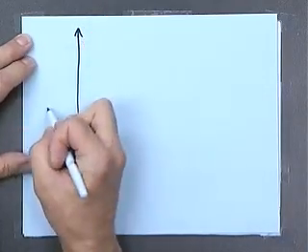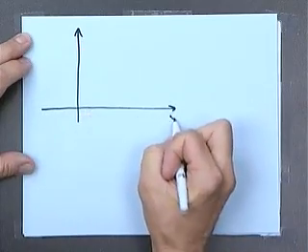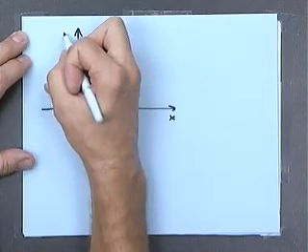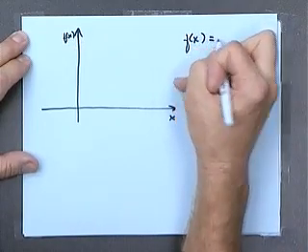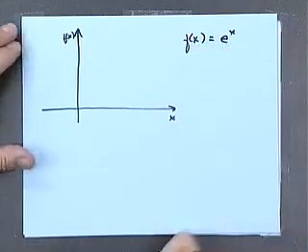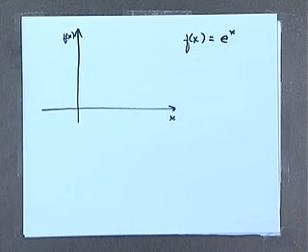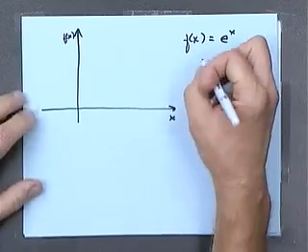So here's what that means graphically. We're going to graph e to the x. And we just decided that its derivative is also e to the x.